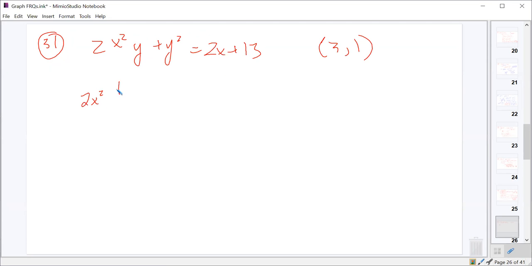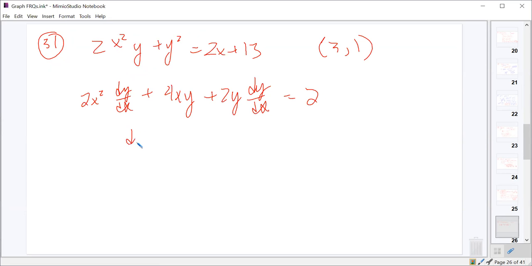So that becomes 2x squared dy/dx. And we're doing the product rule: first function times derivative of second plus second function y times derivative of first 4x, so 4xy. And then plus 2y dy/dx equals 2 plus 0.